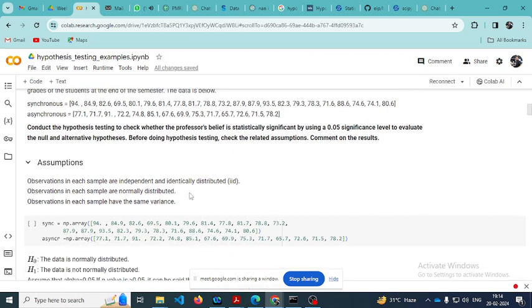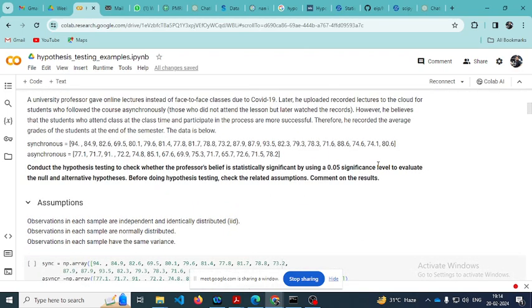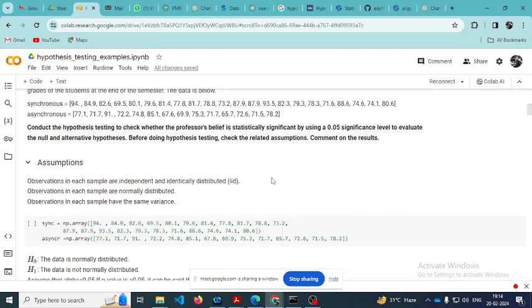Then we need to observe whether each sample is normally distributed or not. One assumption is that this is normally distributed data; another is that it is not normally distributed. The third assumption is that the observations in each sample have the same variance. These are some of the assumptions we are going to make based on this problem statement.